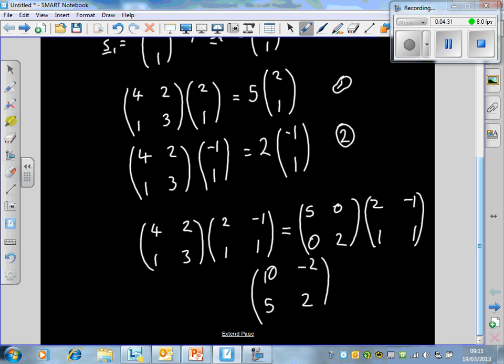If we look at the top column, we get 4 times 2 is 8, plus 2 times 1 is 10. Brilliant. Let's do it here. 5 times 2 is 10, plus 0 times 1 is still 10. Okay, let's do it for this element here. That's multiplying 1 by 2, which is 2, plus 3 times 1 is 5. Brilliant. How does it work for this? 0 times 2 is 0 plus 2 times 1 is 2.